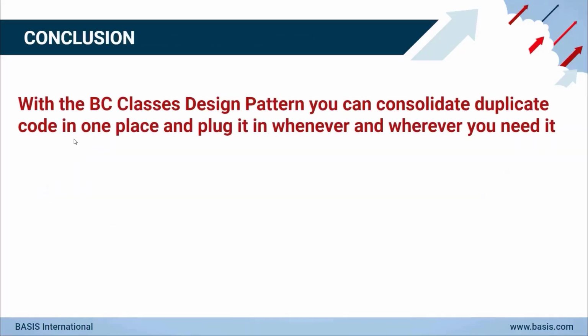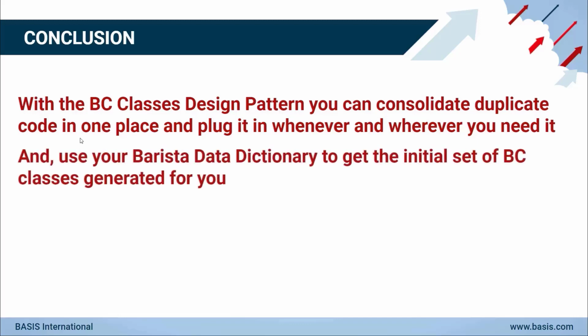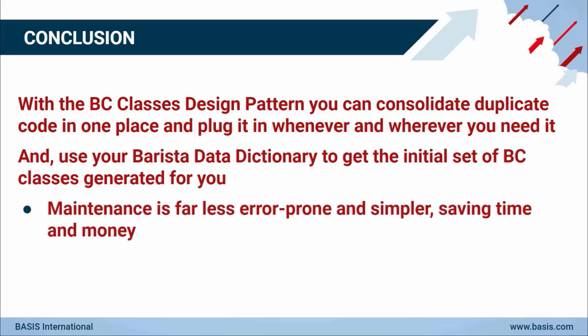We have seen that with the BC classes design pattern, you can consolidate duplicate code in one place and plug it in whenever and wherever you need it. You can use your Barista data dictionary to get the initial set of BC classes generated for you. And by doing so, maintenance will be far less error prone and simpler. It will save you time and money.